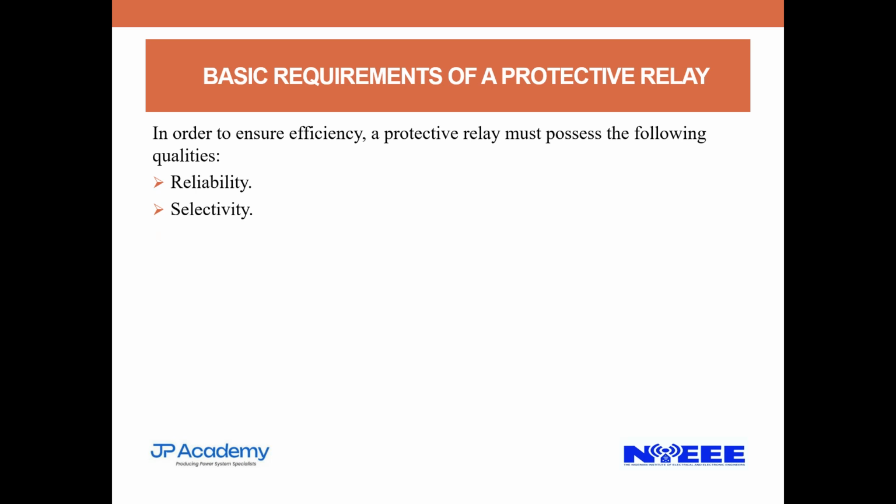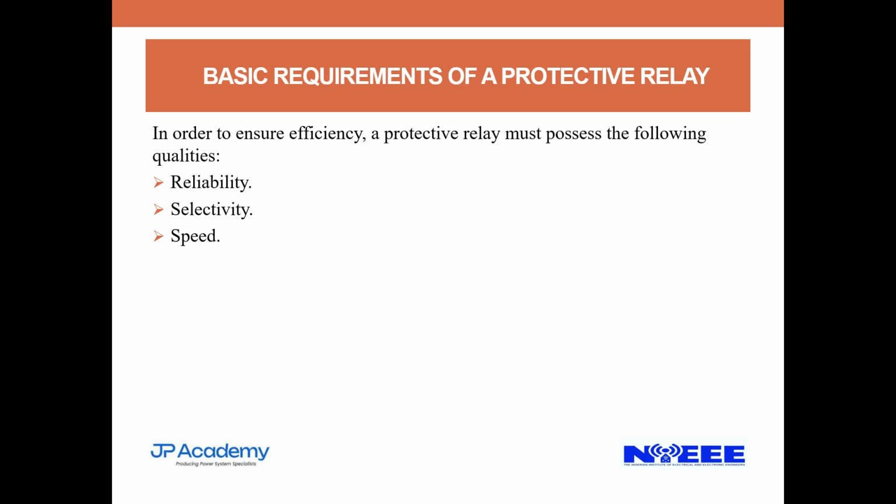Now, the next essential quality is speed. Usually when I say a relay should have speed, someone would want to say, okay, the relay should operate instantaneously or very fast. Now, that is a wrong concept. When we talk of speed in a protective relay, the protective relay should neither be too slow, because if it is too slow, it will lead to damage of our equipment.